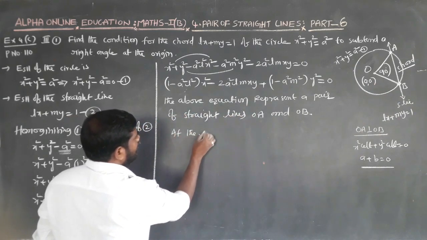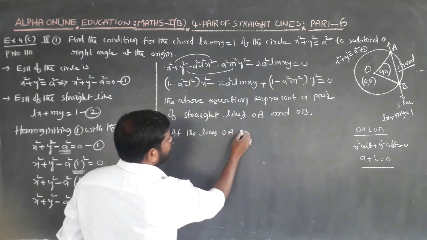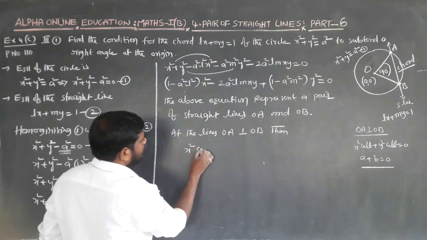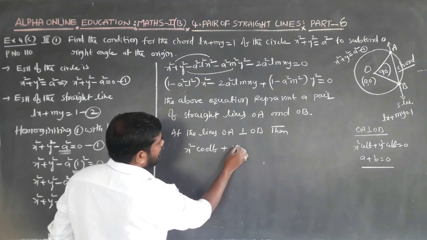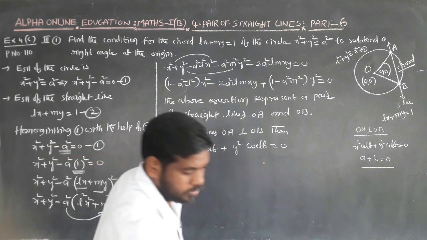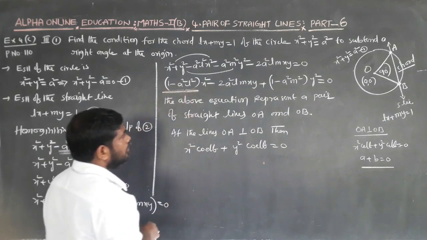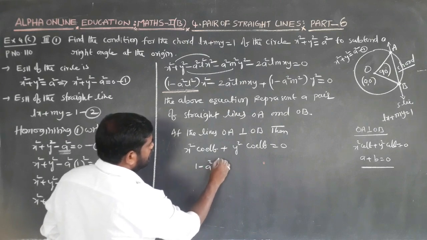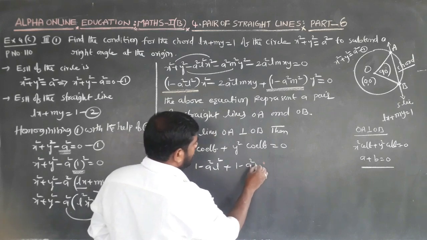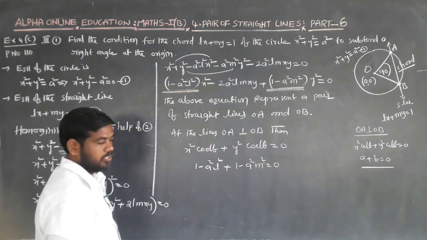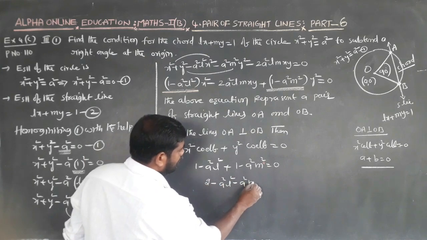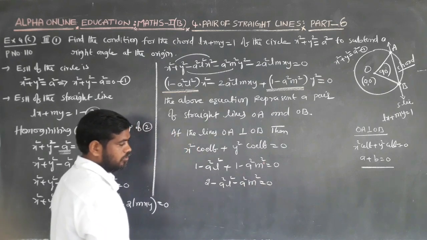If the lines OA is perpendicular to OB, then x square coefficient plus y square coefficient equal to 0. x square coefficient 1 minus a square l square plus y square coefficient 1 minus a square m square equal to 0. 1 plus 1, 2 minus a square l square minus a square m square equal to 0.